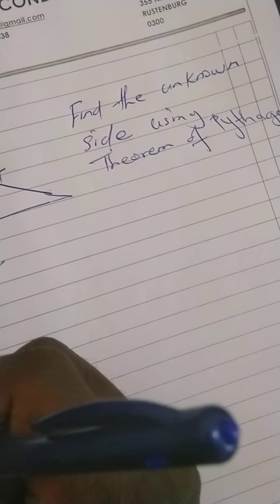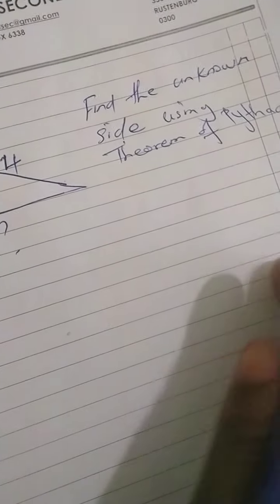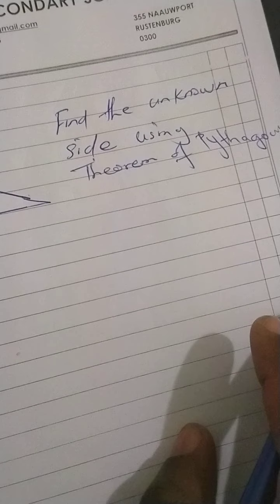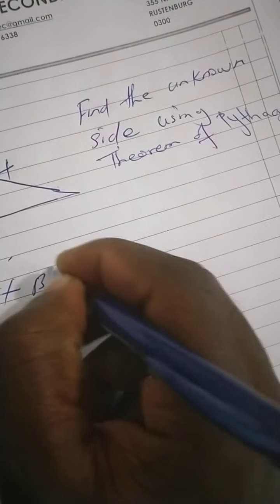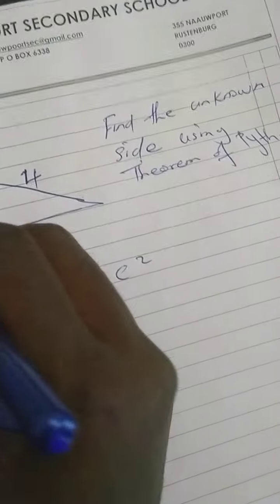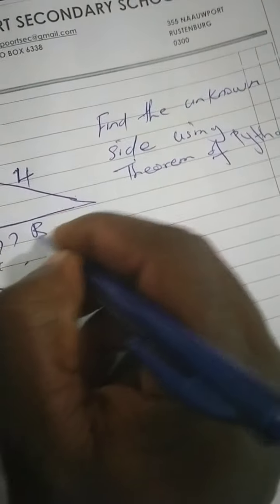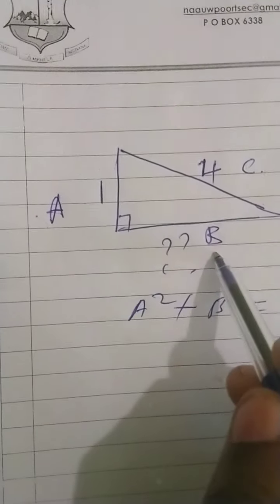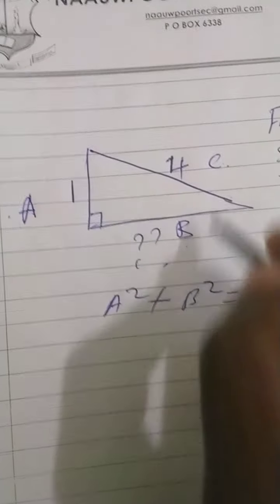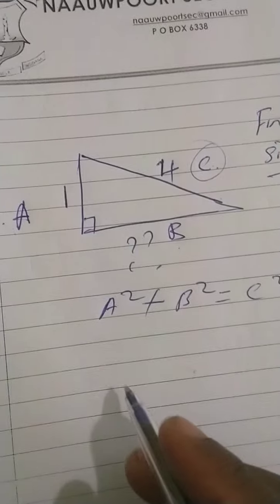So what am I going to do? According to the Theorem of Pythagoras, it says that the hypotenuse squared is equal to the sum of the squares of the two sides. Which means that A squared plus B squared must give me C squared, whereby this one I can just say it's A, and then B, C. So I just say this is A, B, C, whereby C is my hypotenuse.